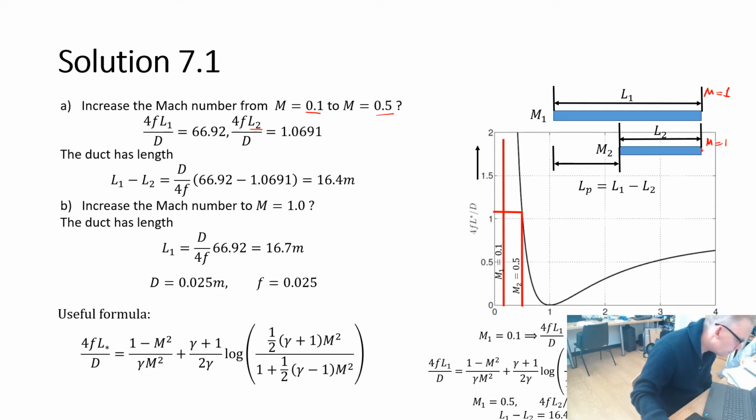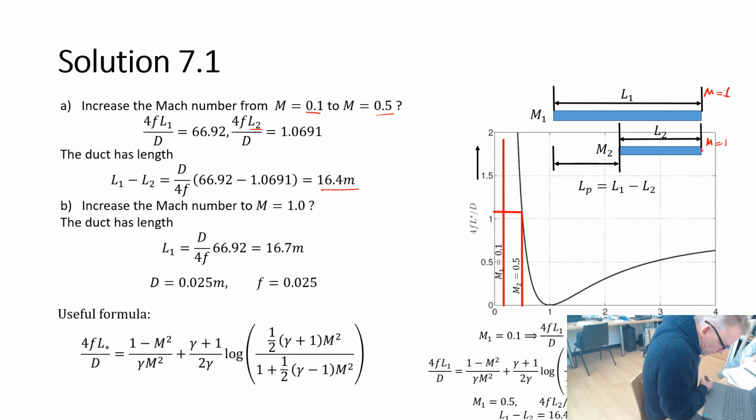And so the critical length, dimensionless form, is about 66.92, and for L2 it's about 1.0691. And so the difference between those two critical lengths is the duct length, L1 minus L2, and we can calculate that to be 16 meters.